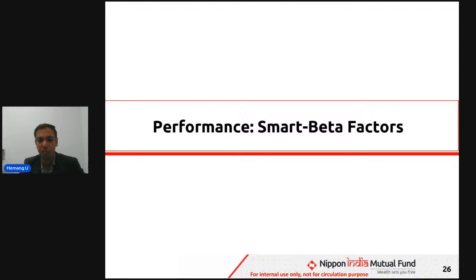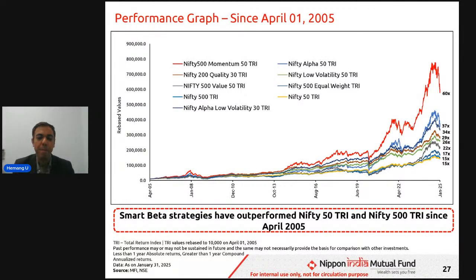Now let's talk about performance. This is a busy graph. What we have done here is take the broadest available index in each of the factor categories and map the indices over the last 20-year period. All of these indices have a track record since April 2005, and we have plotted them against each other to see what is happening where.